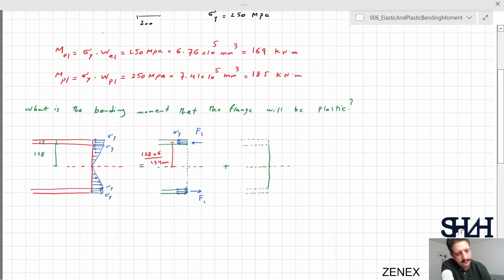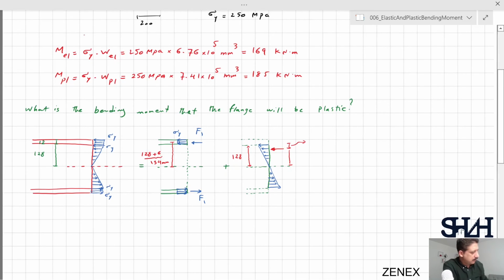In the web, we have sigma y and its triangle distribution. As far as it is triangle distribution, then the force will be at 1/3 of one side, 2/3 the other side.